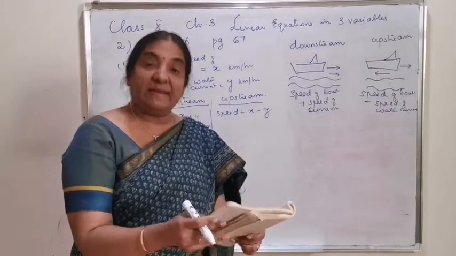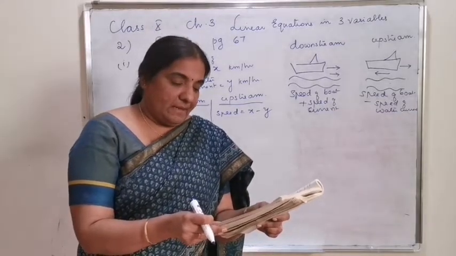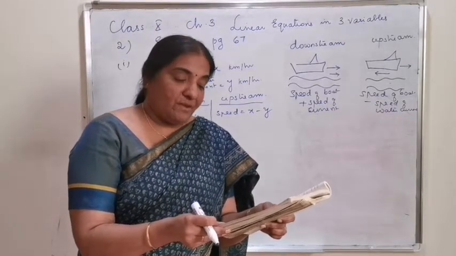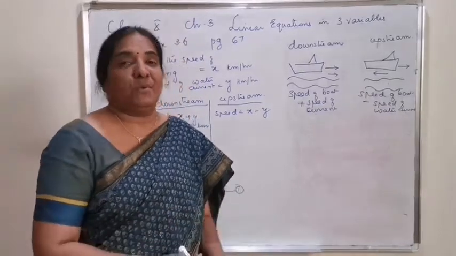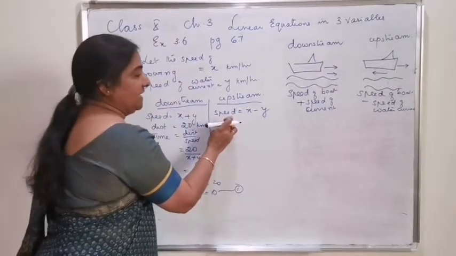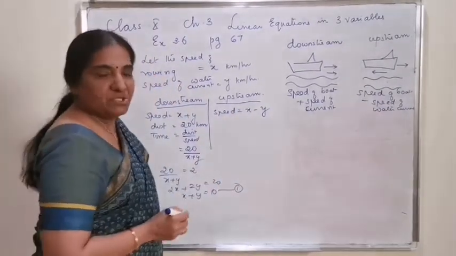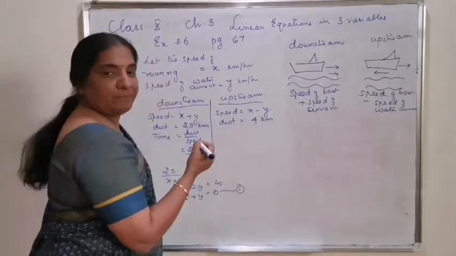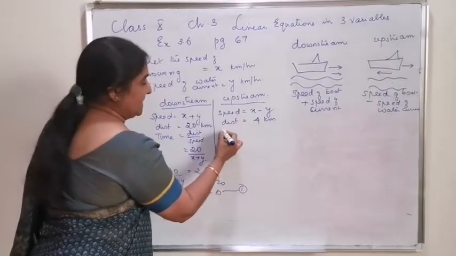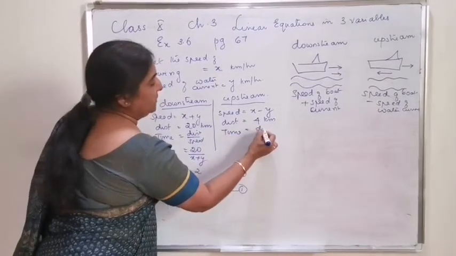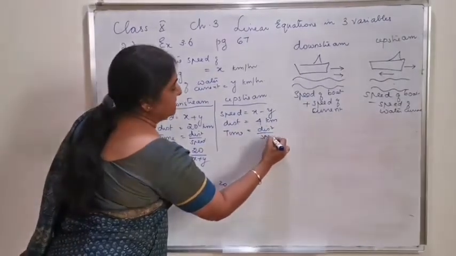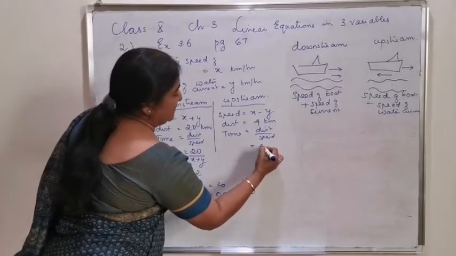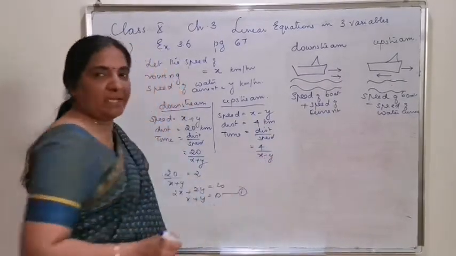Similarly, what will be the next equation? And upstream 4 km in 2 hours. That is, the speed in upstream is x minus y. Distance is only 4 km. If you know the distance and speed, the time is equal to distance by speed, which is 4 by x minus y.